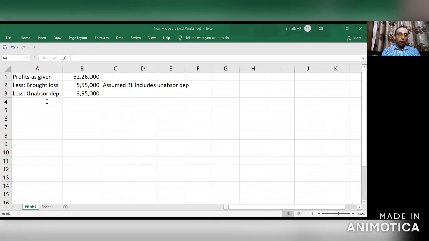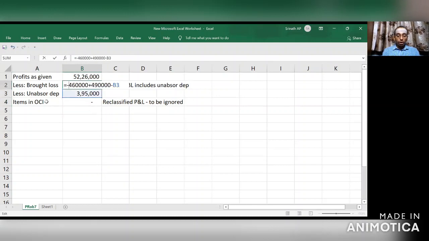Then items in OCI reclassified to P&L have to be reduced.